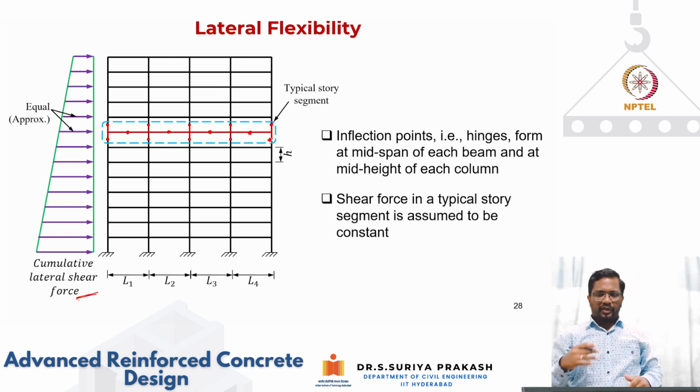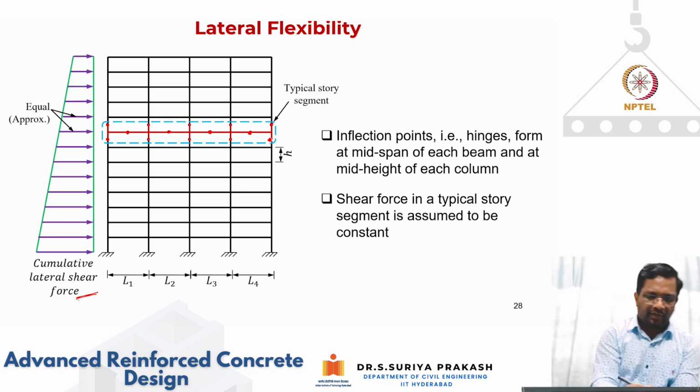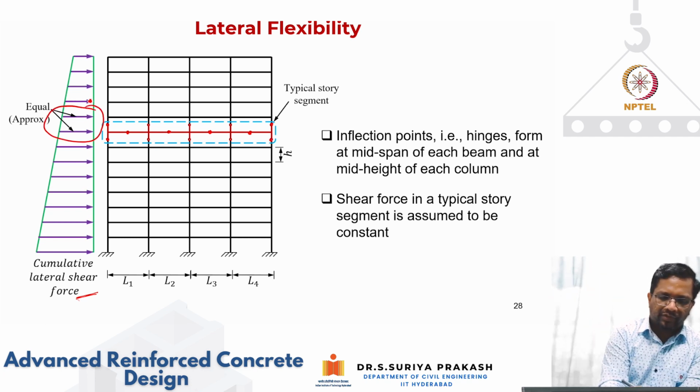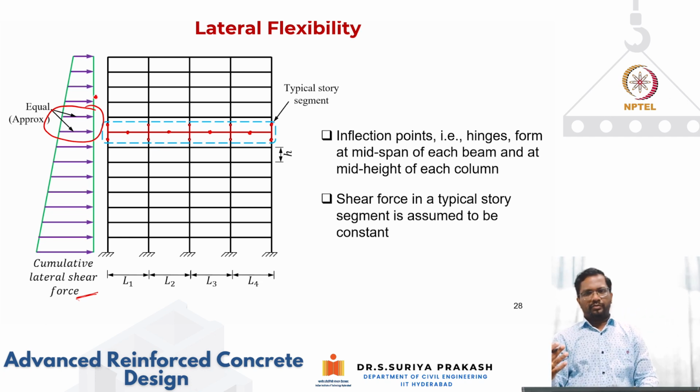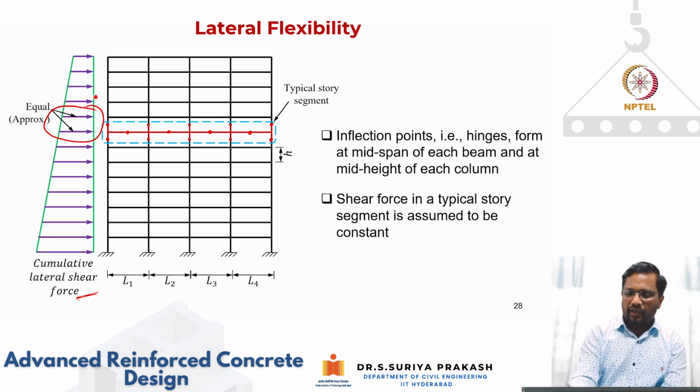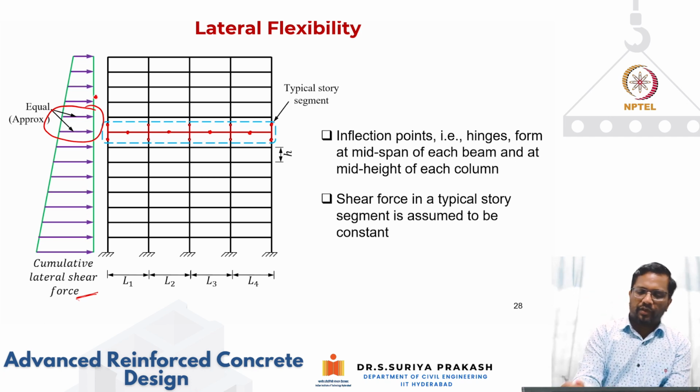If I take a free body diagram between the 15th story and 16th story, you will find that the shear force is not going to change much, because the lateral force variation is also not going to change much. So we can say that the shear forces are approximately the same. Again, for lateral load, it's a good assumption that the inflection points or hinges form at mid span of each beam and at mid height of each column.